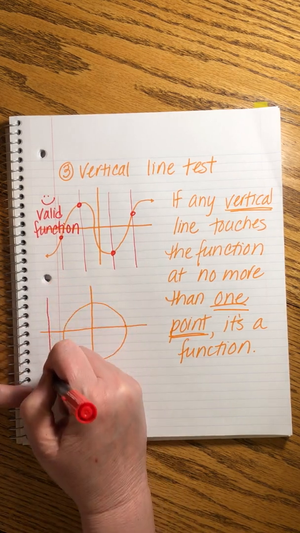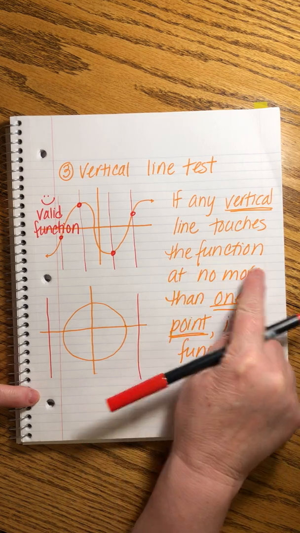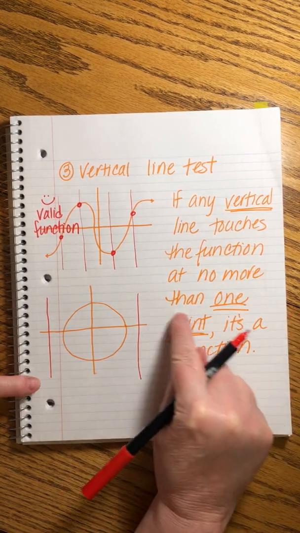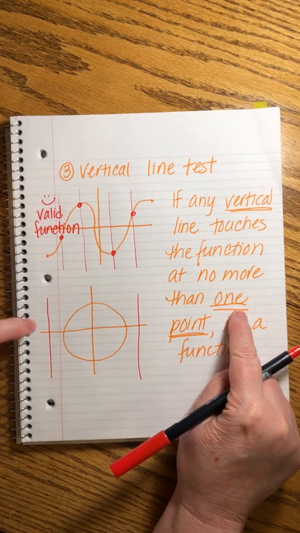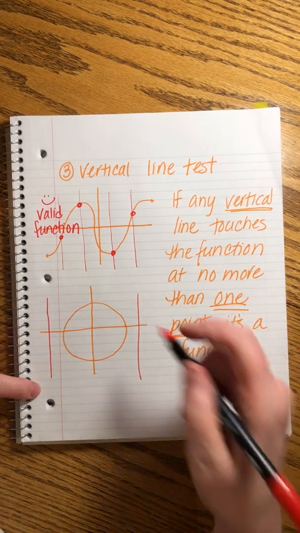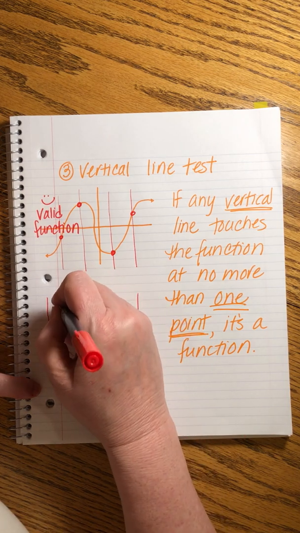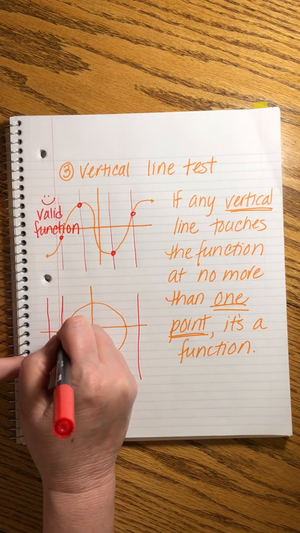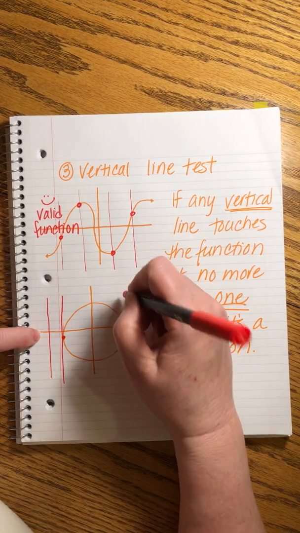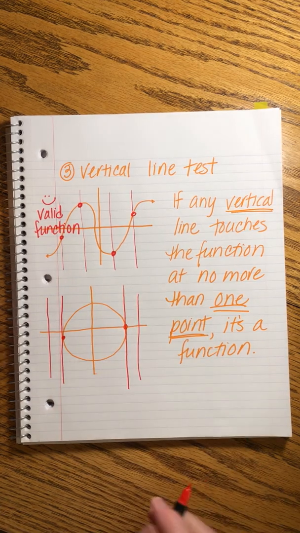Well, here's one, and here's another that don't touch the function at all. So they're okay. They touch it at no more than 1 point, right? 0 is no more than 1. And we could also draw a line, pretend it's perfect, that comes and just touches at one little point right there. We could draw another one over here, right? Pretend it's perfect. One little point right there.